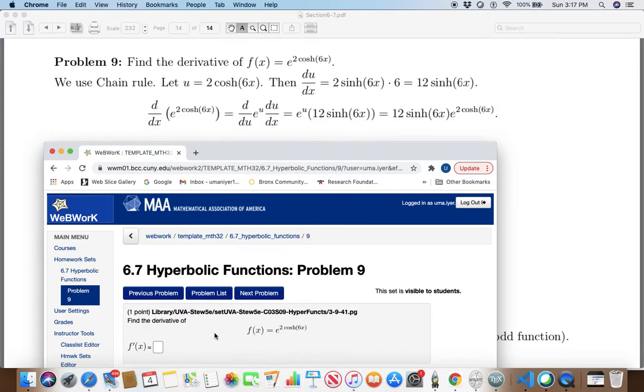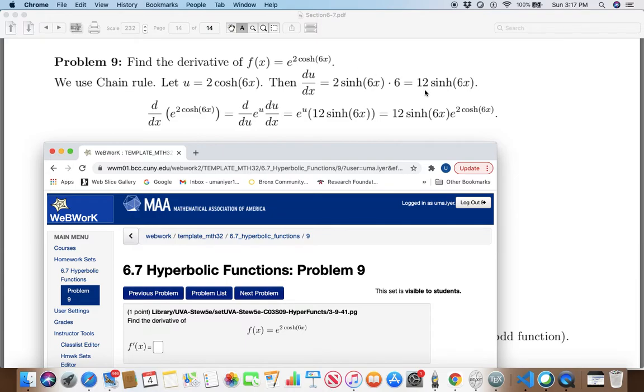Next, find the derivative of e^(2 cosh 6x). All of that is u. We are going to use the chain rule. So what's the derivative of this? That's 2 sinh 6x, and then don't forget the chain rule, times 6.